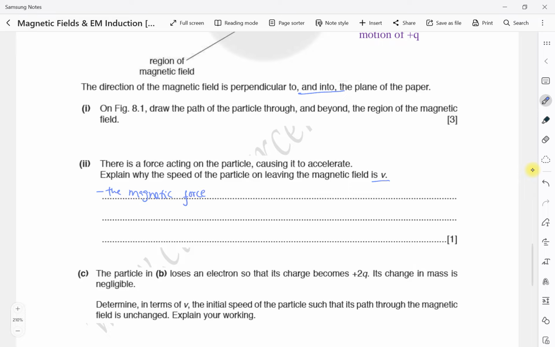The magnetic force is always perpendicular to the direction of motion, or to the velocity.